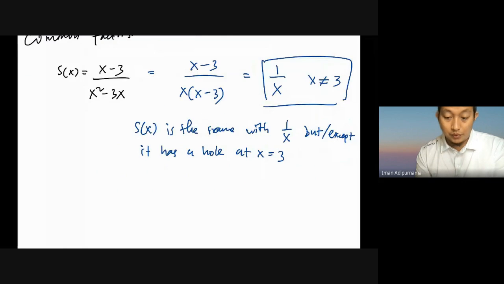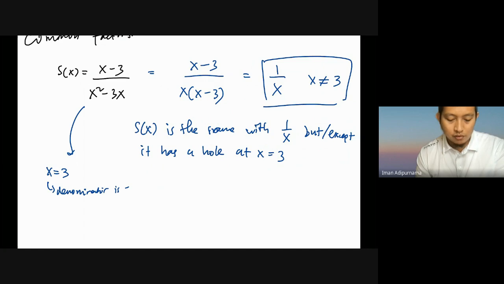So if you are dealing with this, and you say that when x is equal to 3, the denominator is 0, and then x equals 3 will be a vertical asymptote, this is wrong.